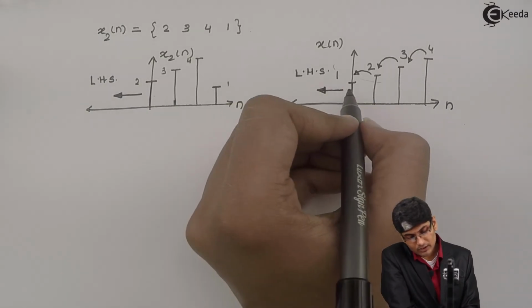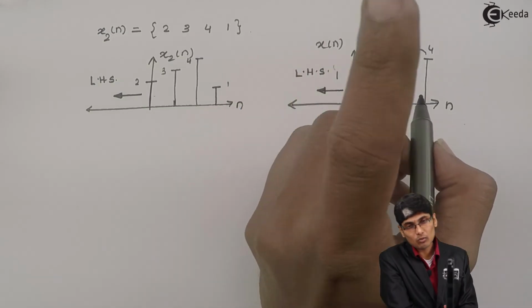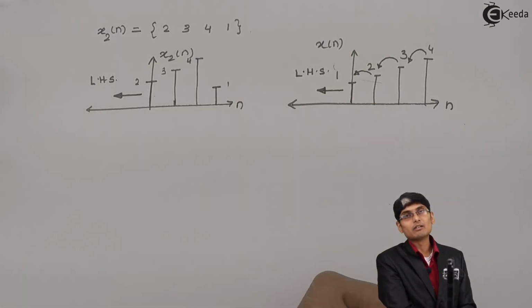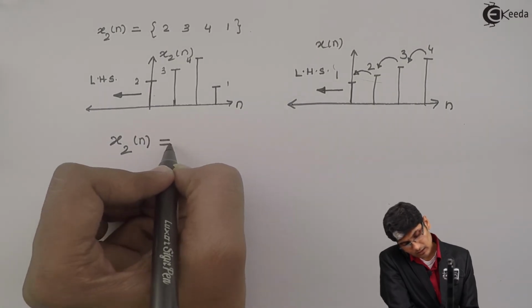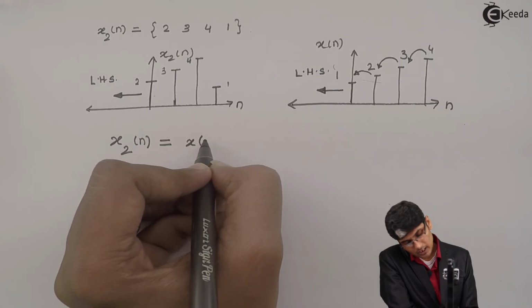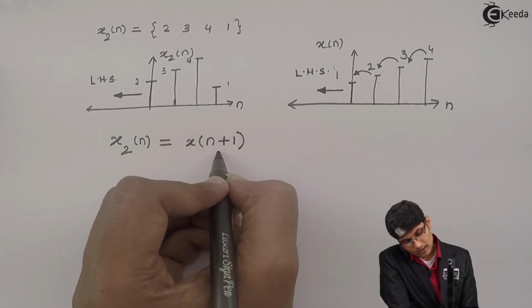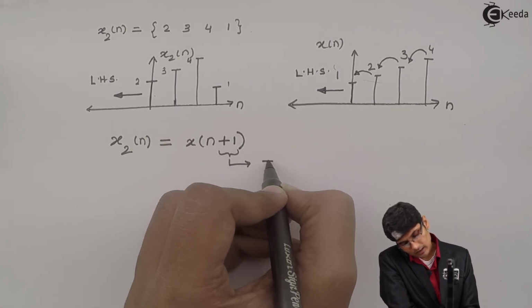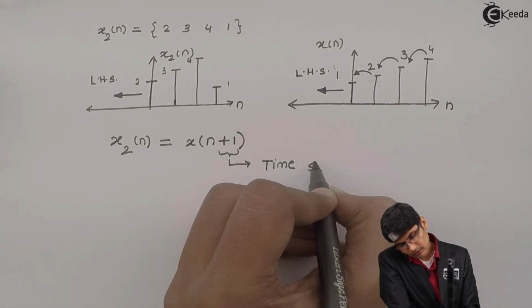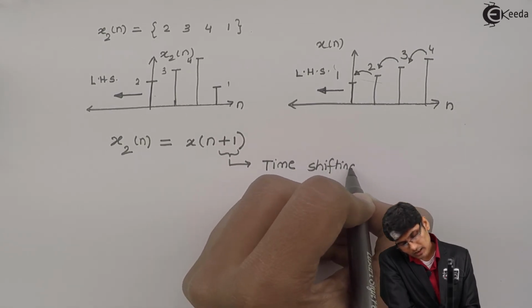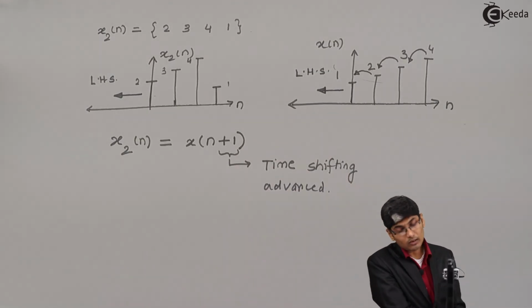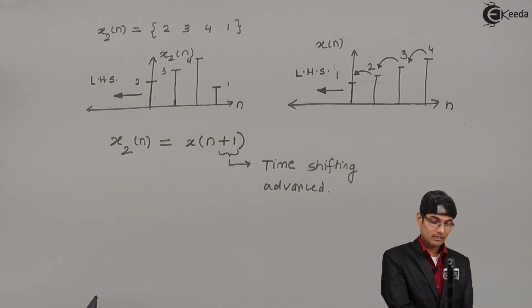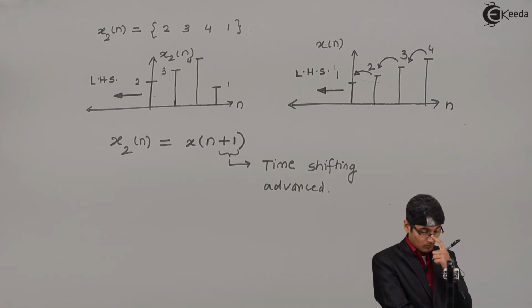So if I shift the signal left by 1, I will get this given signal. So I can say that x2 of n is nothing but x of n plus 1. This is time shifting, but this time it is advancement in time. It is time advancing. When I say n plus 1 or plus k, then it is time advancing.